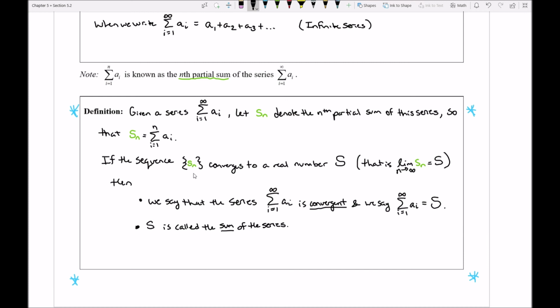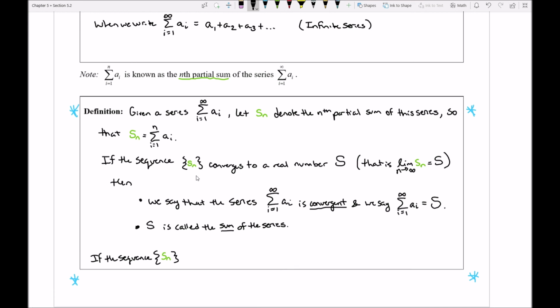Okay, so this is what happens if I have this green sequence and it converges to a real number. I'll say that the series is convergent and that it converges to the same value as what the limit was here. Well, if it's the case that the sequence of S sub n diverges, right? I mean, that's possible, right?